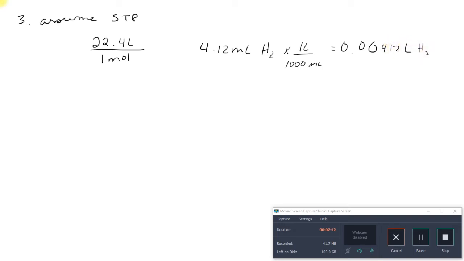And so this question is asking, oh, it's asking how much HI is produced. So we actually do have to go through a stoichiometry problem. But I can still use this relationship to get it out of moles, right? So that many liters of H2. I'm going to flip that relationship over so I can get it into moles.